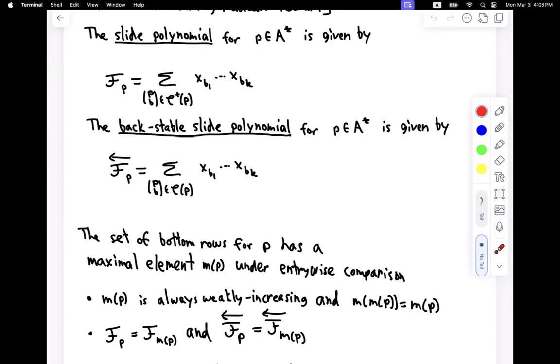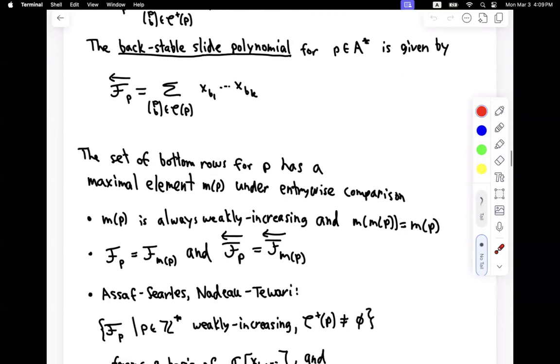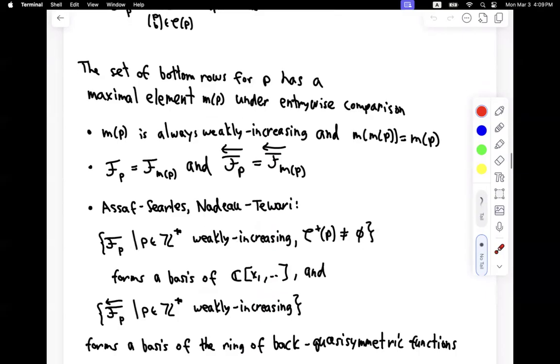And so then in particular, because the slides and backstable slides are defined as sums of compatible sequences, the slide polynomial for P is equal to the slide polynomial for its maximal bottom row. And the same thing is true for the backstable slides. And so we can look then at just the slide polynomials where they're indexed by weakly increasing sequences of integers.